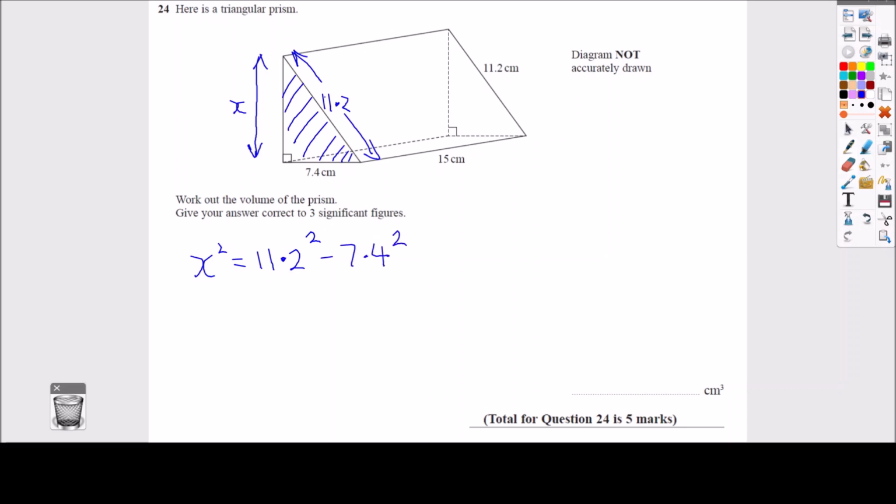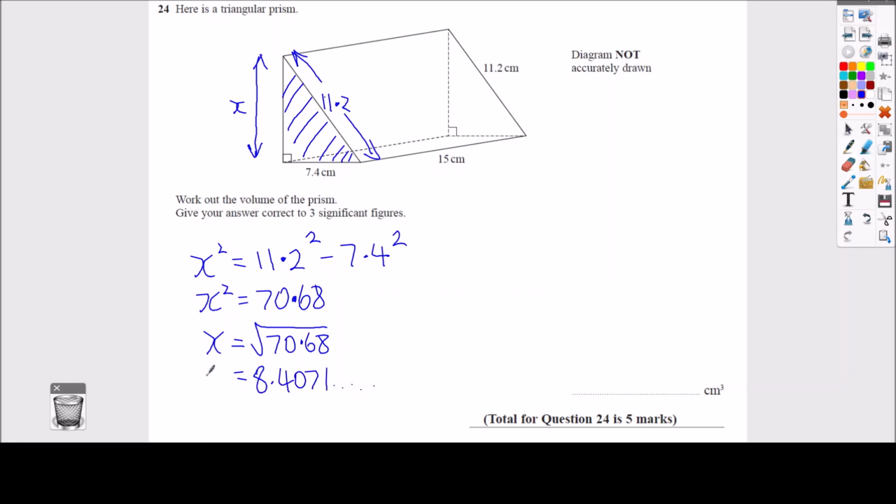So popping that into your calculator, 11.2 squared take away 7.4 squared equals 1767 over 25, which is 70.68. That's what x squared is. So x is going to be the square root of 70.68, which is square root answer. I get 8.4071.